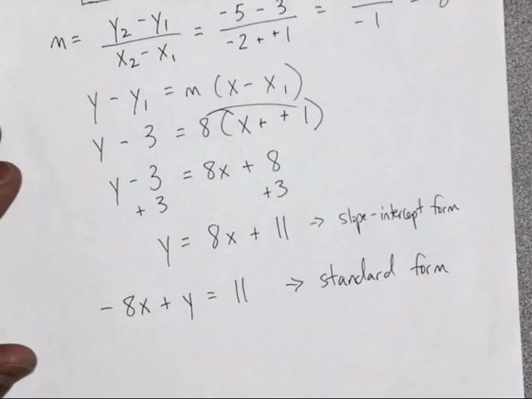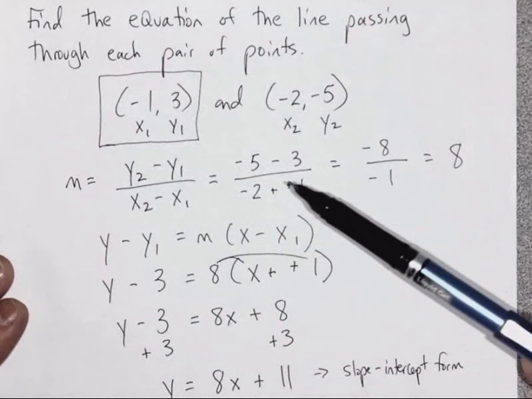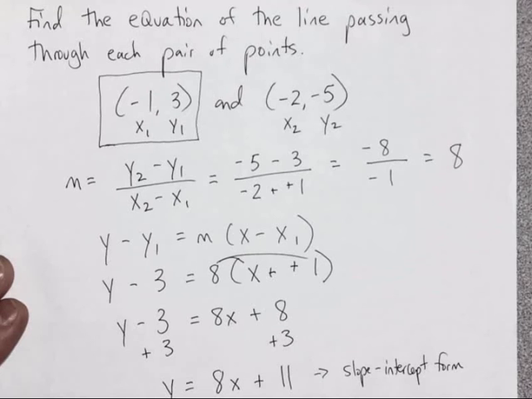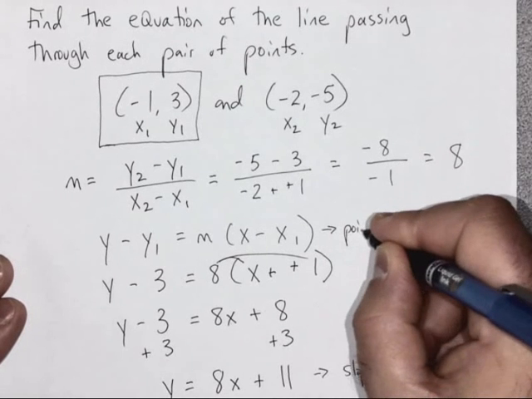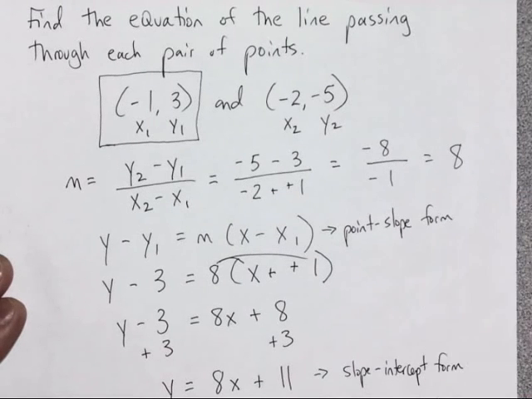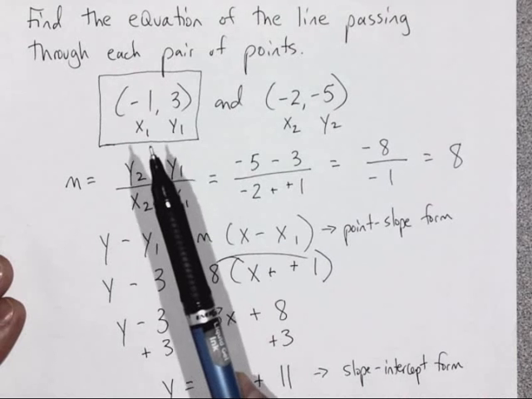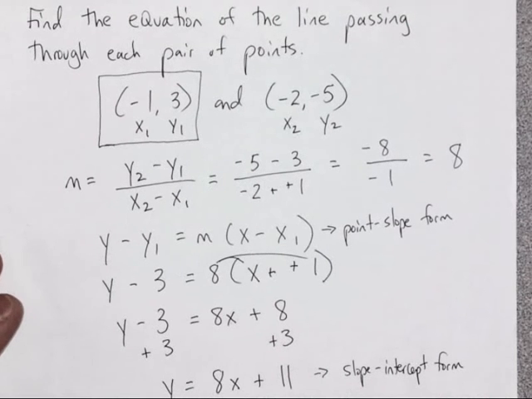So just a recap here. First thing we did is we found the slope between those 2 points using the slope formula. Then I used my point slope form with the slope I just found and one of those points. It doesn't really matter which one I use.